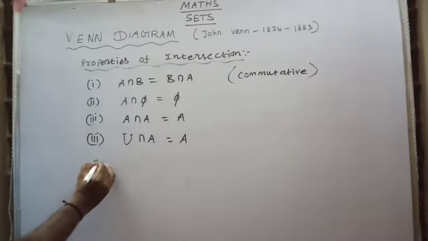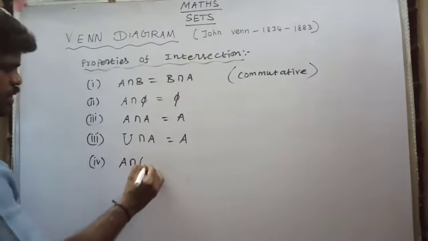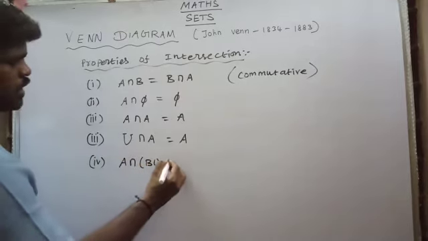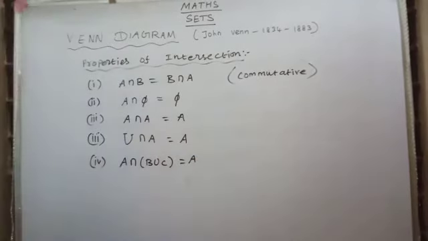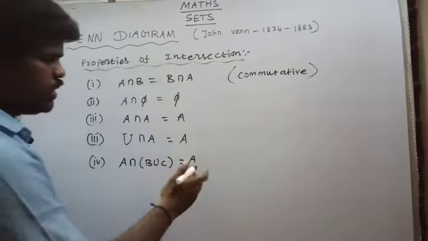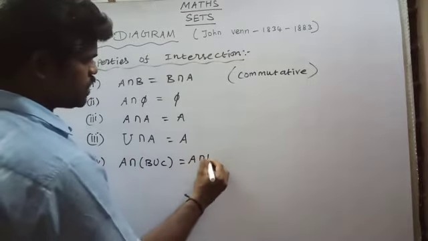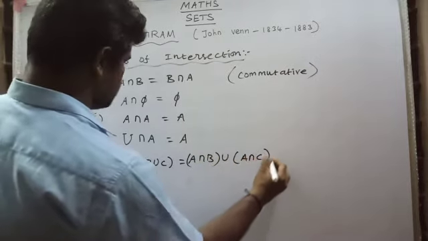And number 4, distributive property: A intersection (B union C) is equal to (A intersection B) union (A intersection C).